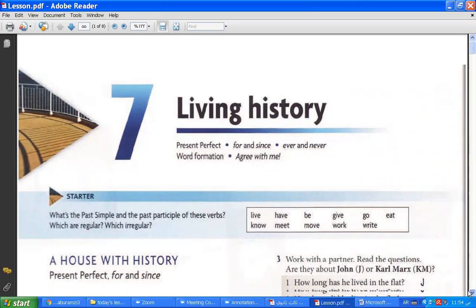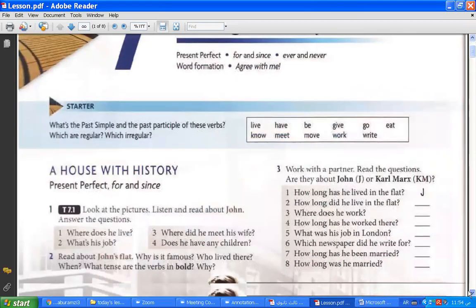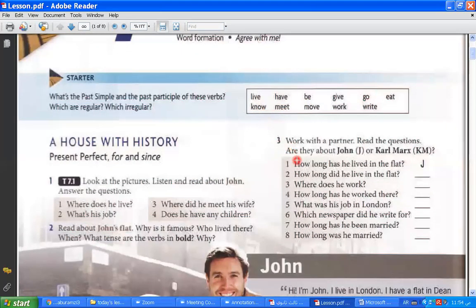So before we start, I have some verbs here. I give you like 3 minutes. Live, have, be, give, go, eat, know, meet, move, work, and write. I want you to write the past and past participle quickly in your notebook.